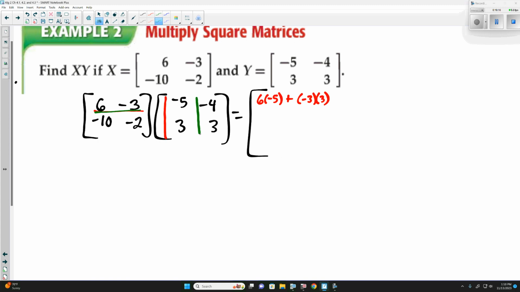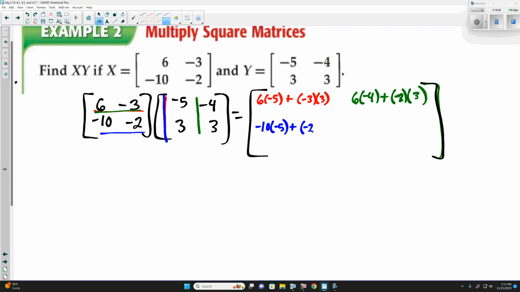They'll also go over down, so we'd have 6 times -4 plus -3 times 3. Over down, over down. Then we do the same thing with the second row, over down, so -10 times -5 plus -2 times 3.